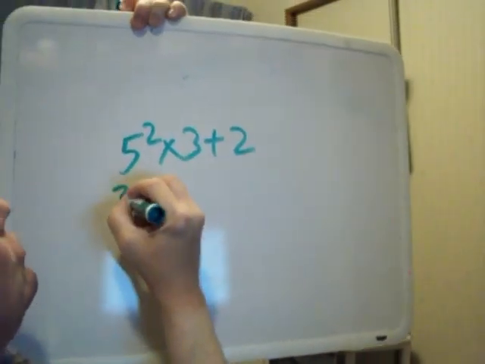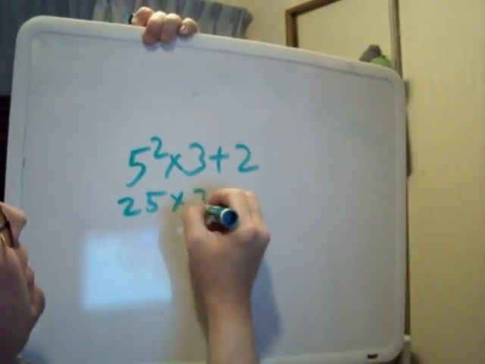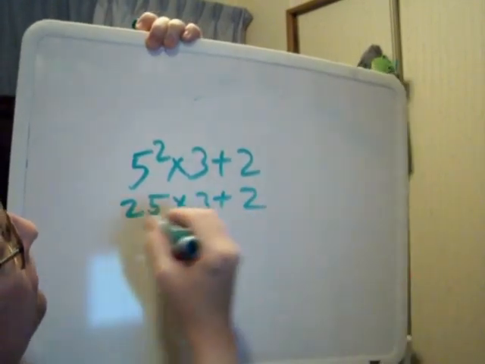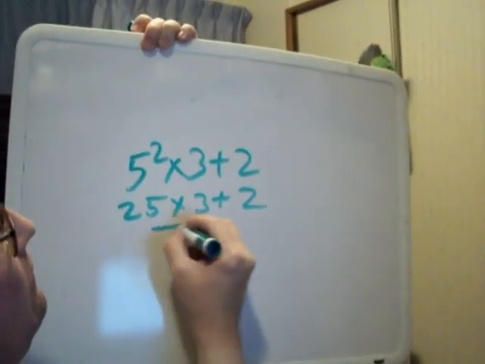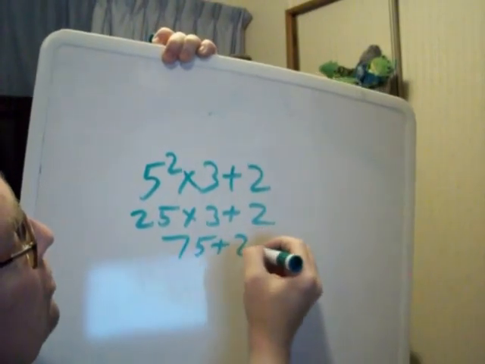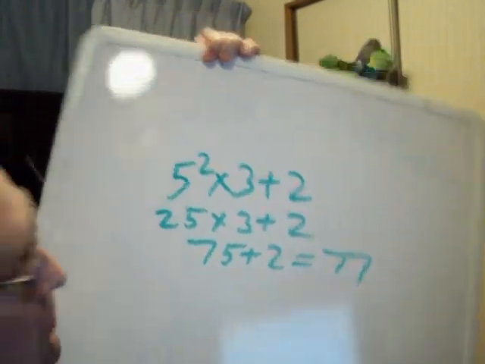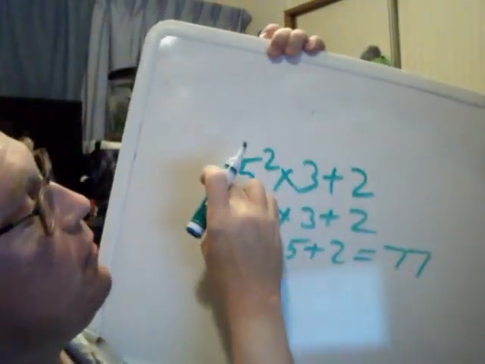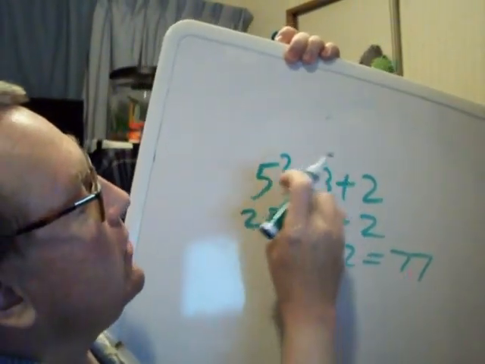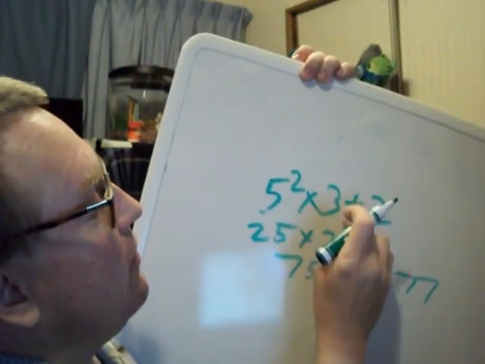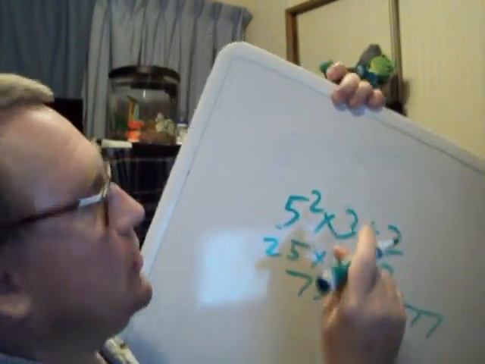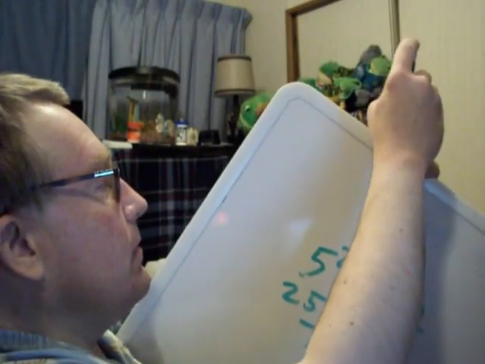Well, 5 squared is 25, times 3 plus 2. Well, 25 times 3 is 75, plus 2 equals 77. And that's how that works. You're simplifying the exponent, then multiplying these two numbers together, and then you add afterwards. And that is why I used that particular acronym.